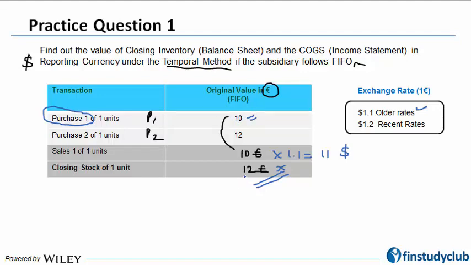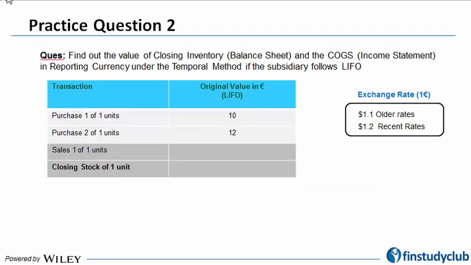Similarly, 12 will be converted at a rate which was prevailing later. So it is 1.2, and 14.4 is the total dollar value. Okay, let's talk about more such examples.